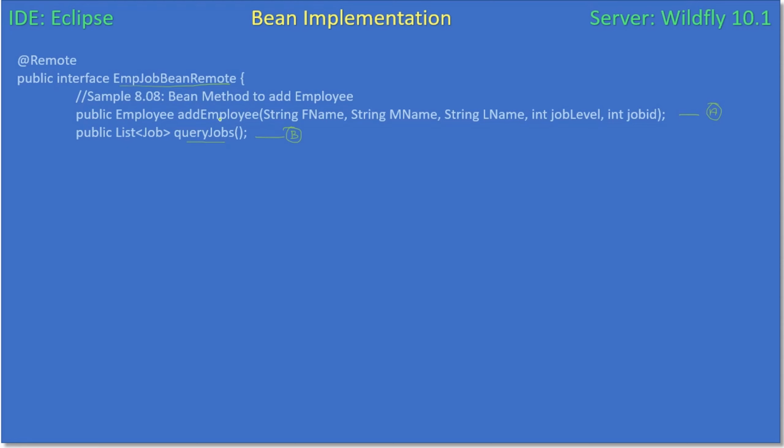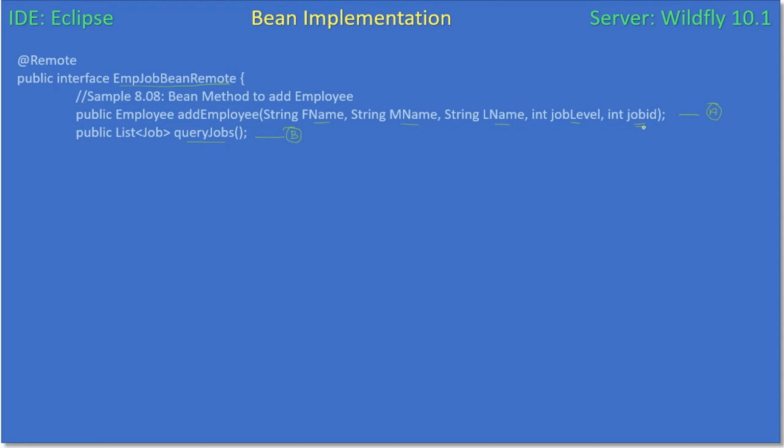Then add employee, if you see, from the HTML form or JSP form these fields will get fetched. We will collect the information from the user and send it to this remote interface function: first name, middle name, last name, job level and job ID as well. Here, emp ID we will generate.